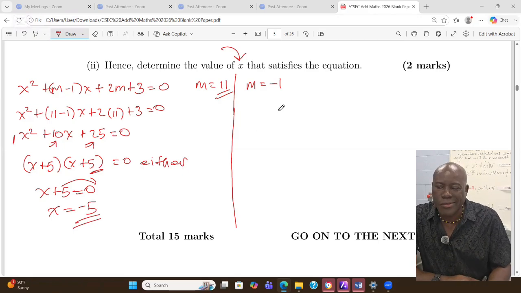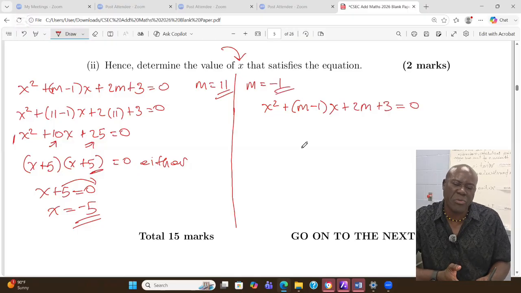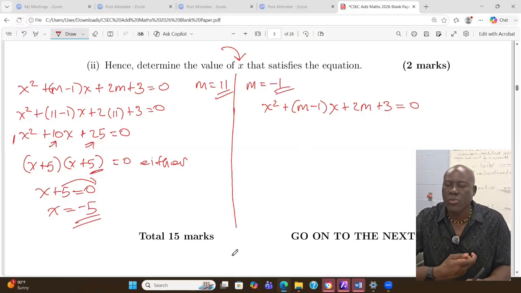Now let's look at the other side. We have x squared plus (m minus 1) x plus 2m plus 3 equal to 0. But remember that m is equal to negative 1. We want to substitute negative 1 where m is.